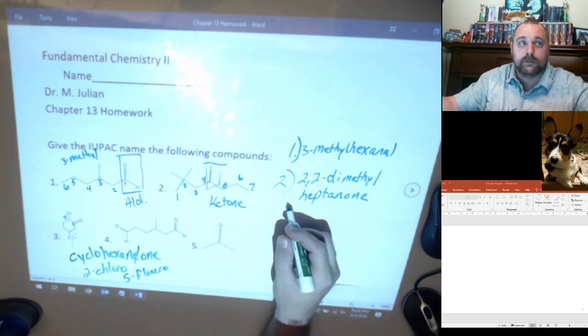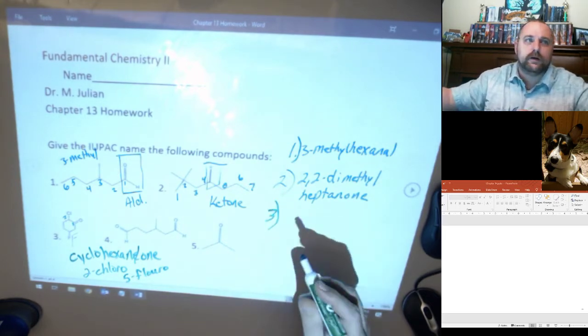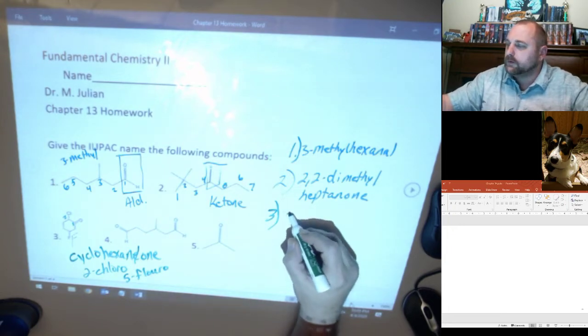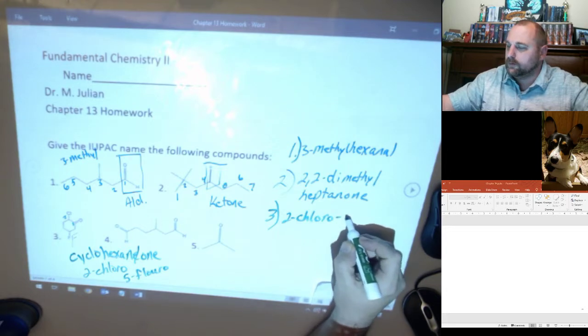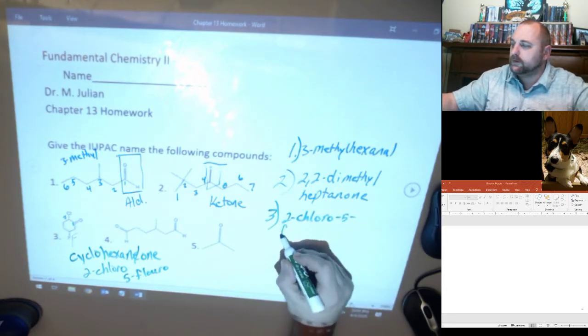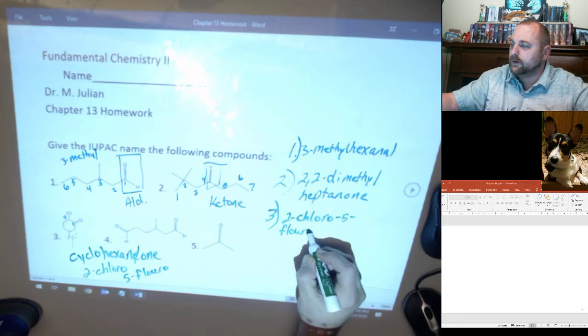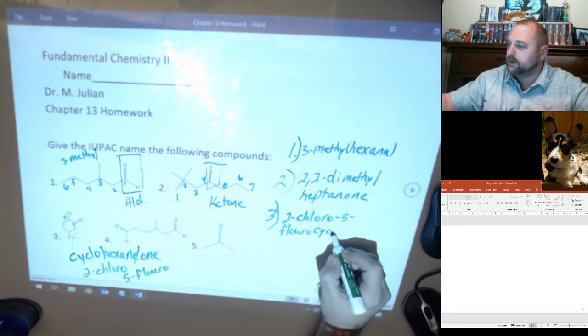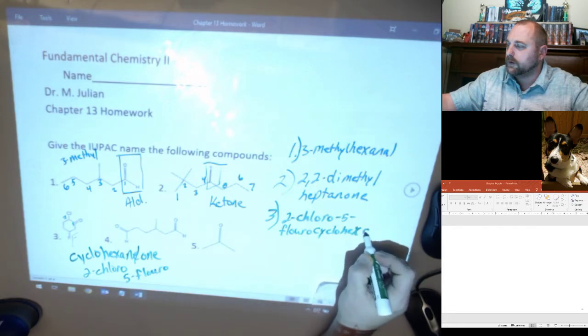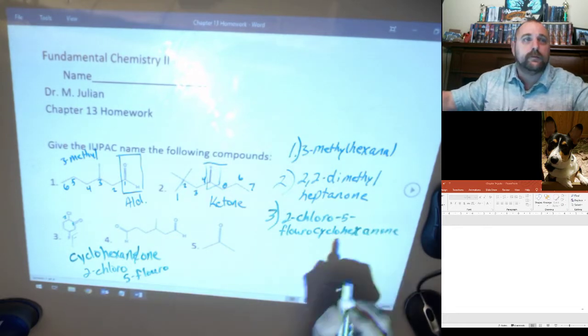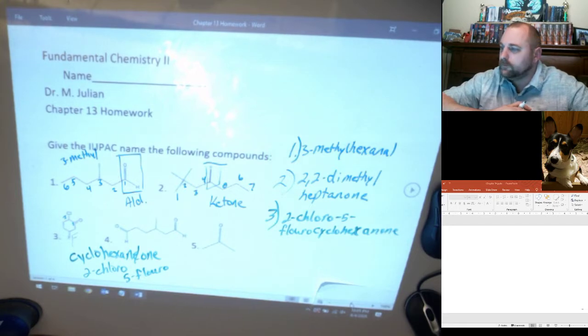So let's come over here: 2 chloro, 5 fluoro, cyclohexanone. Okay, so not too bad. Just gotta remember that cyclo part for it being in a ring.